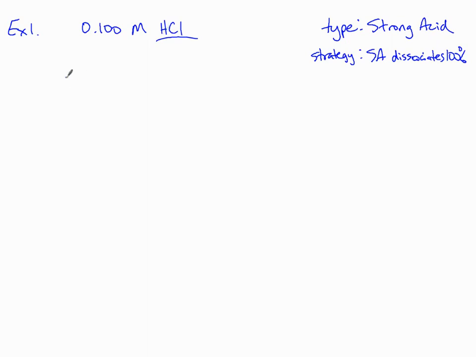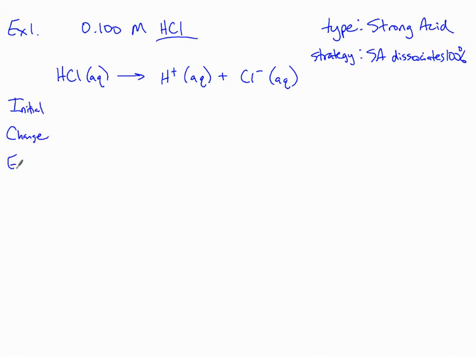So we're going to do something that we haven't done in a while. I'm going to start by writing the dissociation reaction with the purpose of making an ICE chart, or an ICF, whatever you want to call it, where we have the initial, we have the change, and the E, if you want to use ICE, is equilibrium.